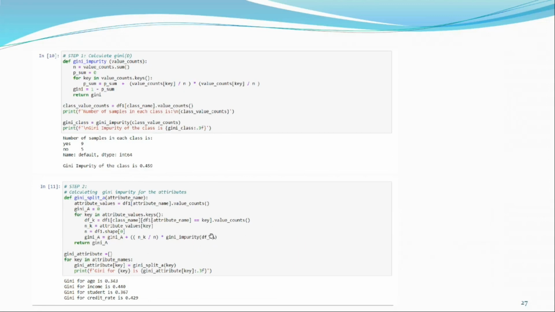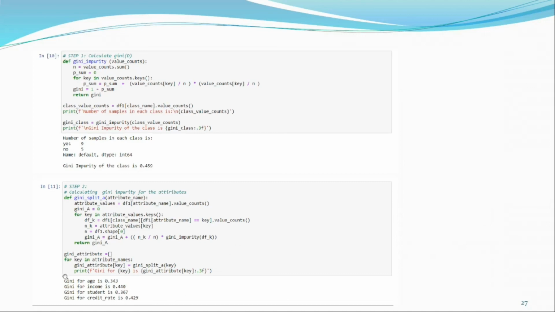So this will give the Gini impurity of the particular attribute. Now we have to find the Gini impurity for the different attributes. The Gini impurity of age is 0.343, of income is 0.440, for student is 0.367, and for credit rating is 0.429.